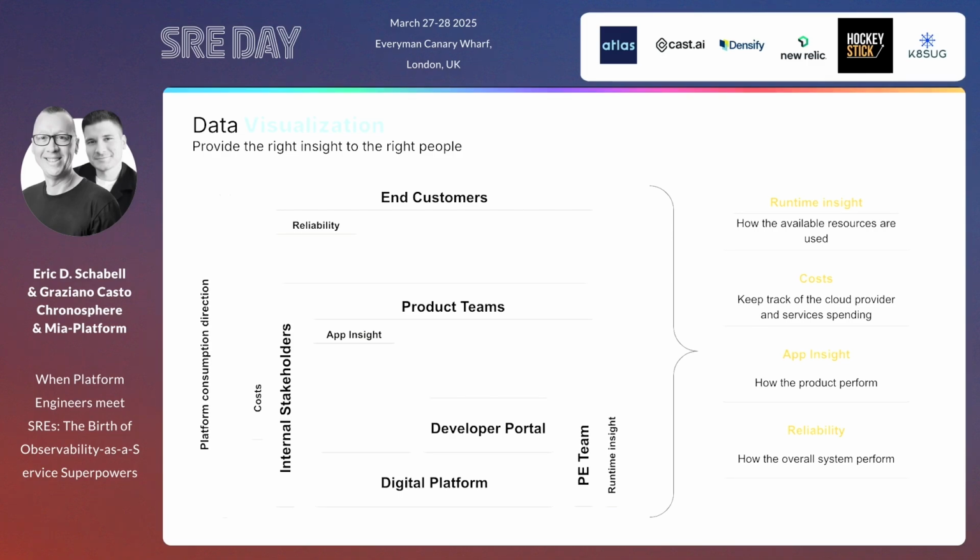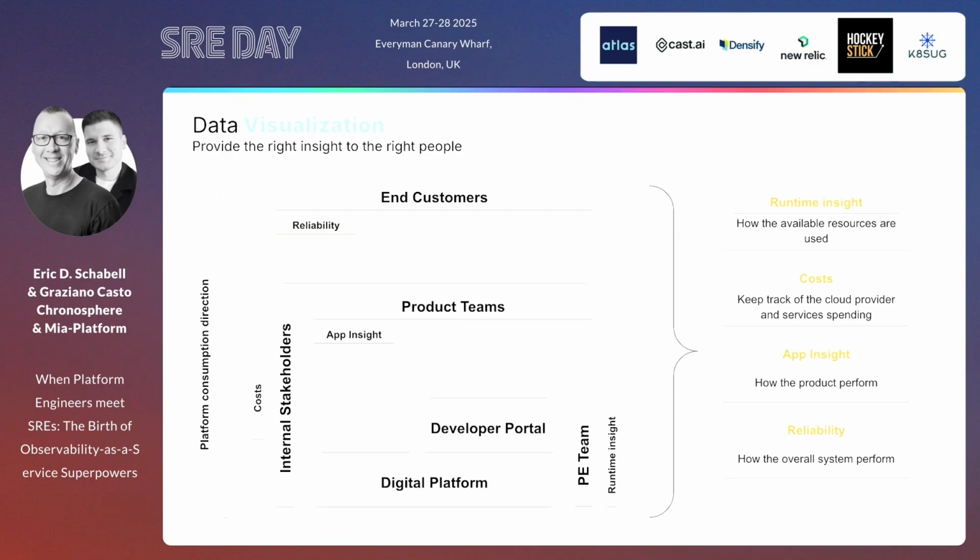You start with the platform engineering team, which often includes the SREs, and they are interested in, for example, runtime insights. Then you have other stakeholders, the internal stakeholders who make decisions and overlook the entire software delivery lifecycle, and they probably look to manage the cost of the infrastructure.